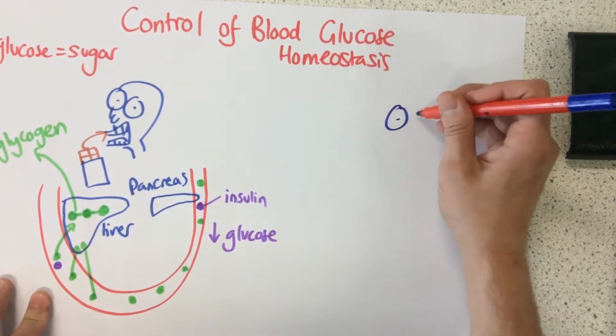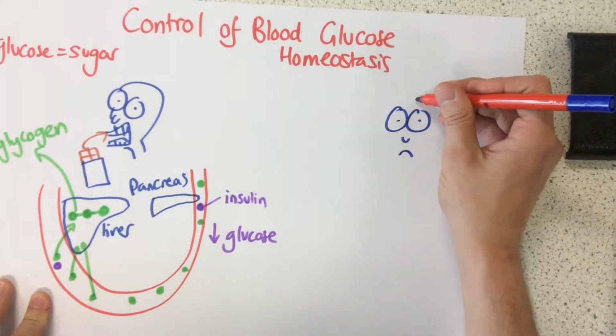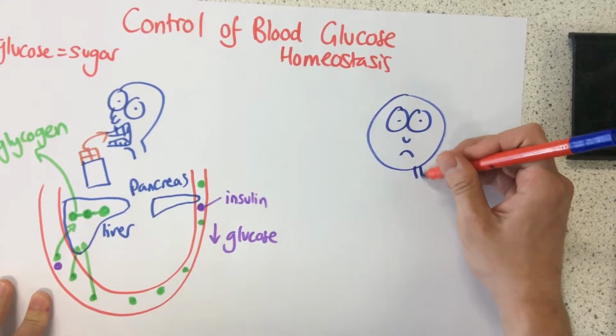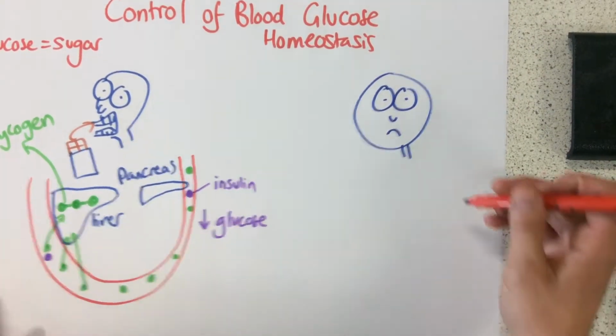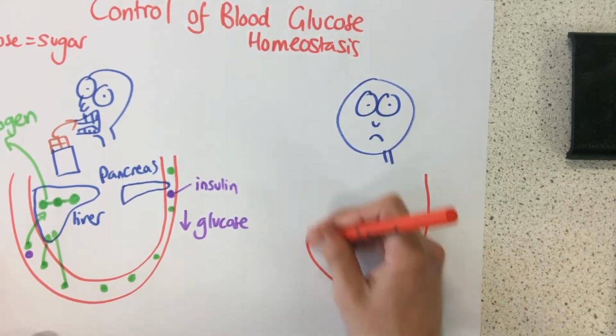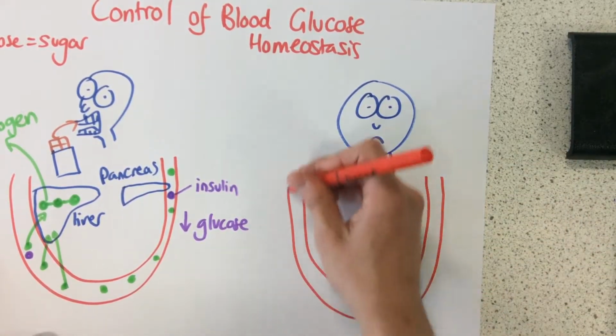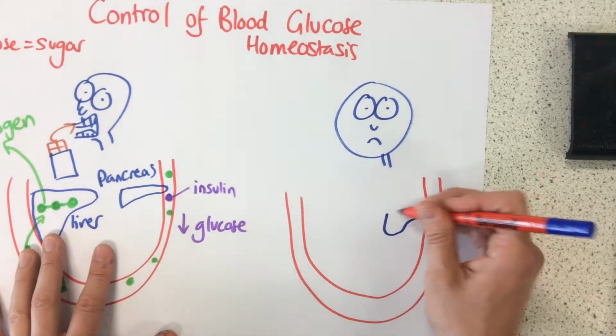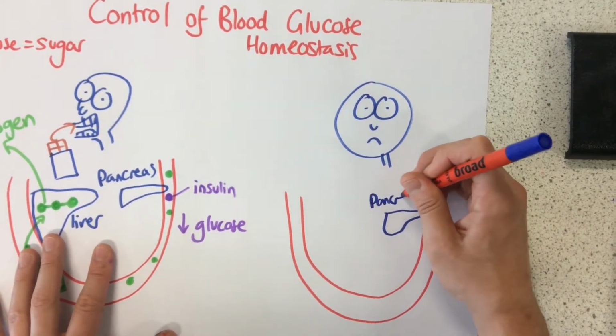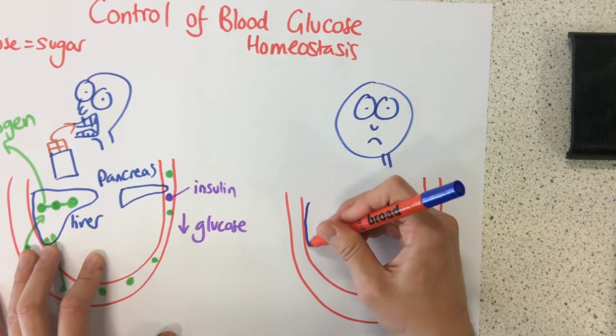Okay, so we'll see the counter effect. Let's imagine this person here instead. They haven't had any lunch, okay? So instead, let's have a quick think about what's going on in their blood. Again, we're just focusing on a little bit of their blood between the pancreas and the liver.